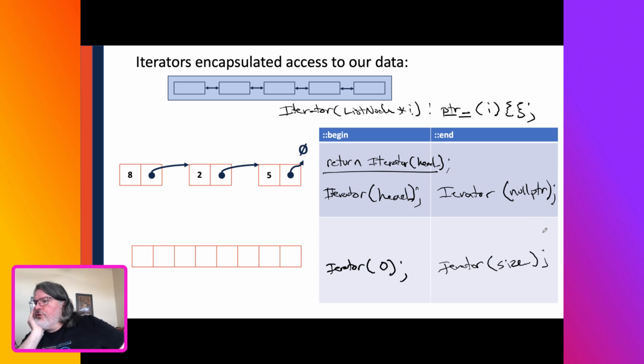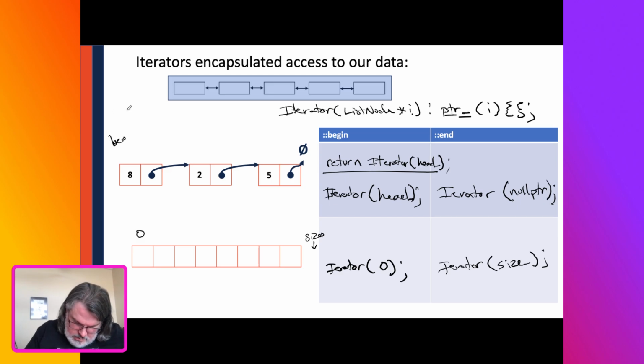So we return those two, right? Because we have 0 and size. Begin. End.